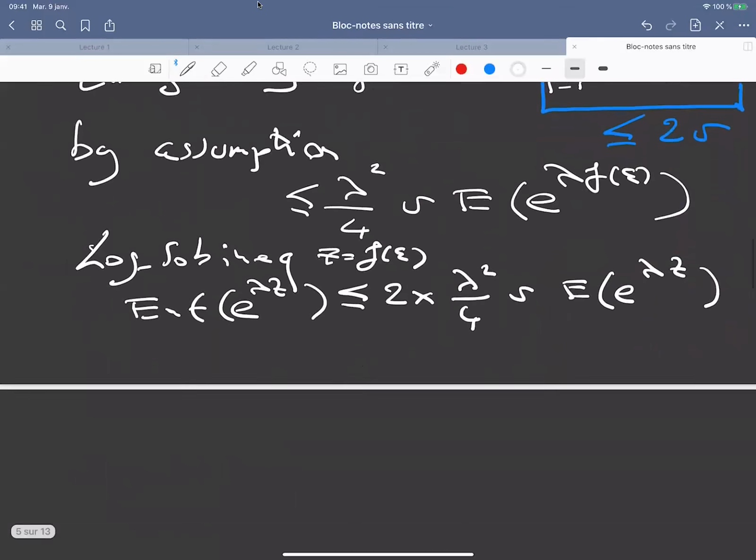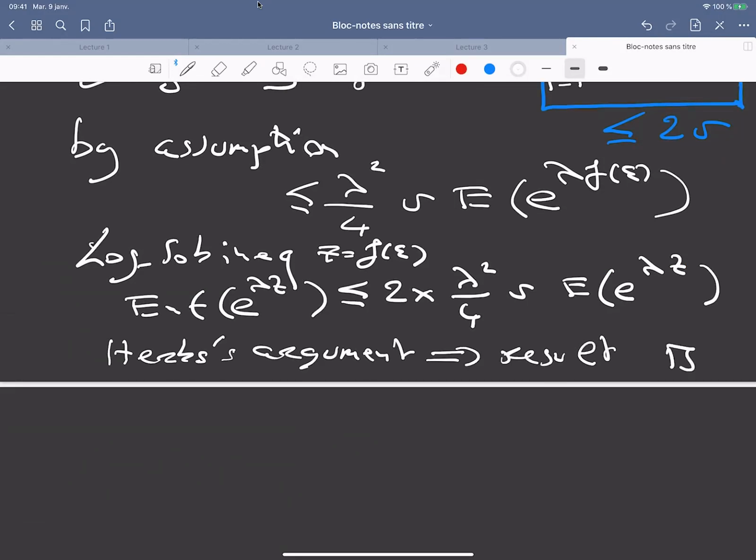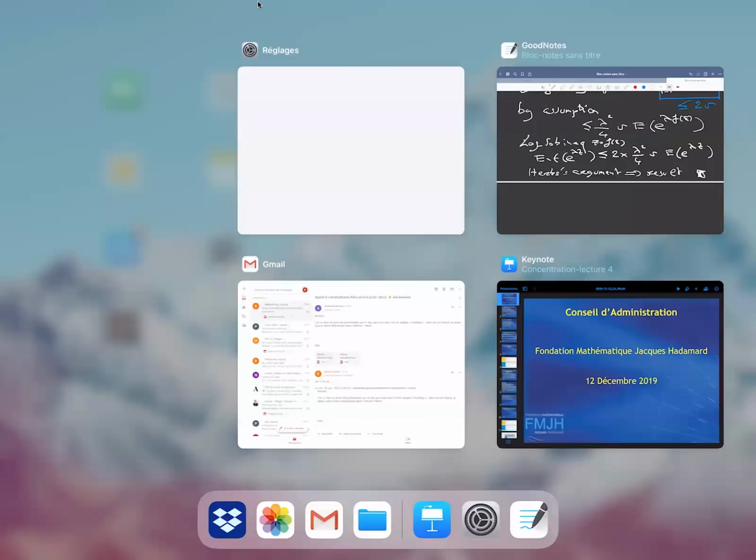And here you recognize that we are in the situation where we can apply Herbst's argument to conclude. Okay, so the proof of the corollary is done. So let's go back to the presentation now.